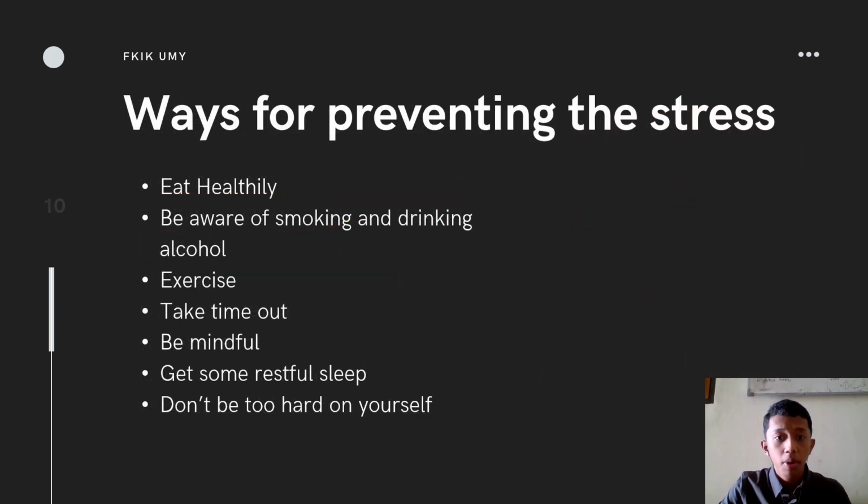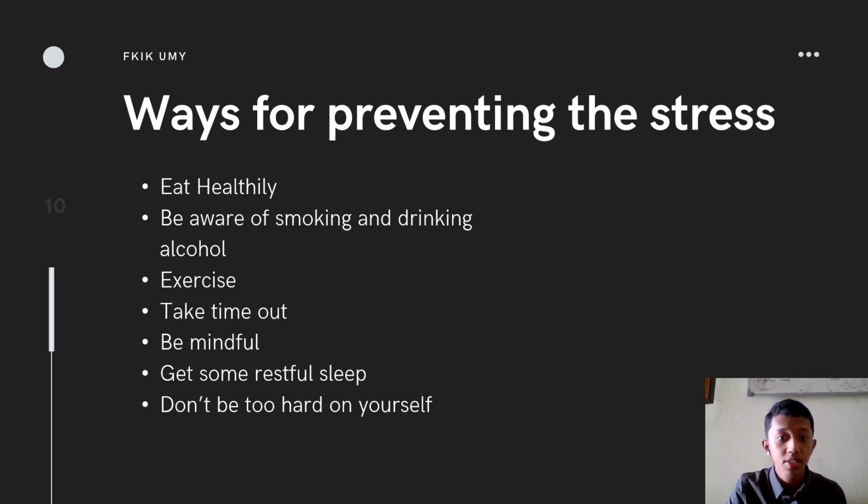So we talk about the ways of preventing stress, or the steps of preventing stress. The first one is to eat healthily. The second one is to be aware of smoking and drinking alcohol. As we know, smoking can constrict our blood vessels, so it would be more dangerous because our heart has to work hard to pump blood to our brain and so on.